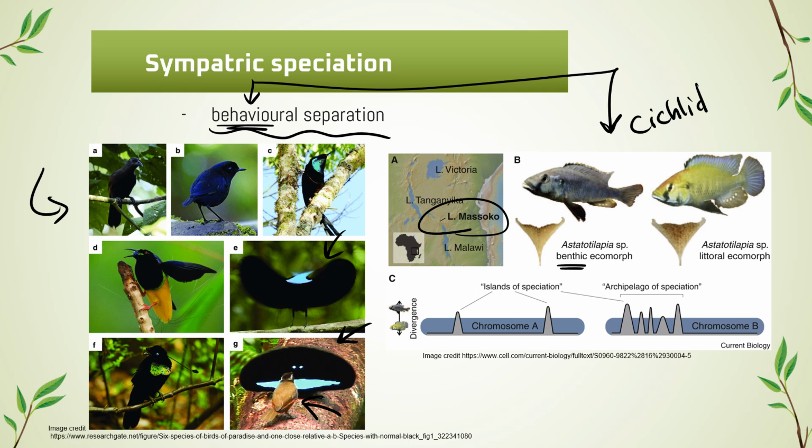It prefers to feed in deeper waters. This one is littoral. It prefers to feed at the shore. Over time, adaptations that allowed them to feed more effectively in those different environments, even though it's the same lake, led to speciation. And now we have these two different species of fish in the same lake.